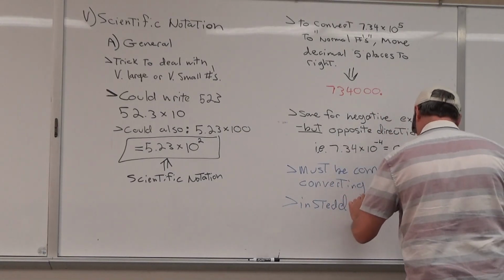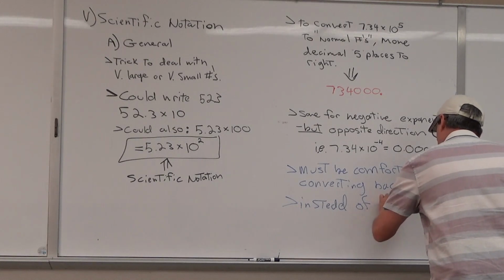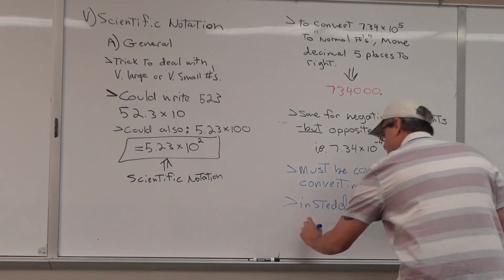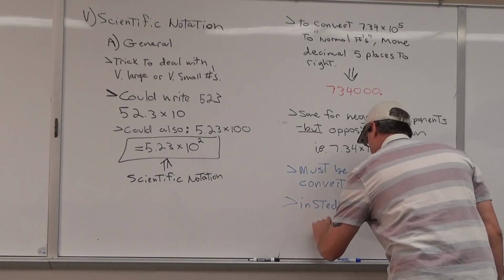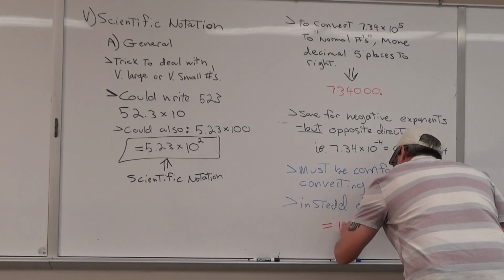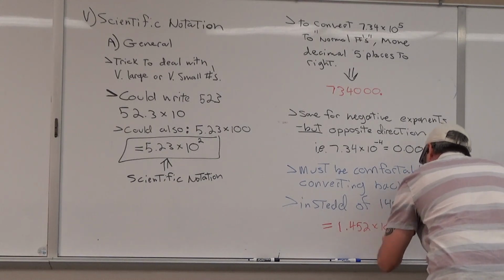Instead of 1, what do I have here? 1,452 grams. You could express that as 1.452 times 10 to the 3 grams.